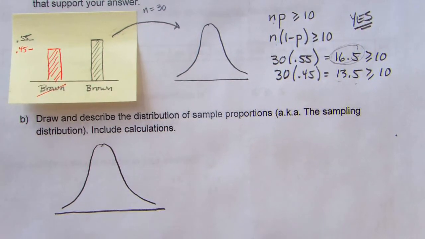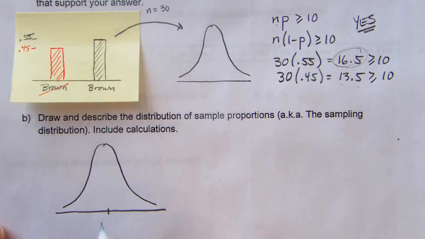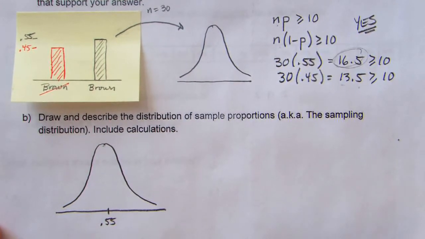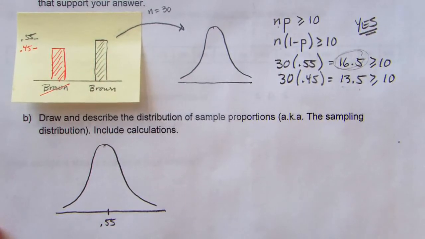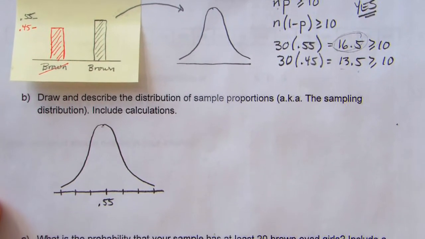Now let's be more precise about what else we know about this distribution. The mean would be 0.55. Most likely we're going to get 55% brown-eyed girls in the sample if we're drawing from a population that is 55% brown eyes. But there's going to be a little bit of give and take, a little bit of standard error that we would expect in this distribution.